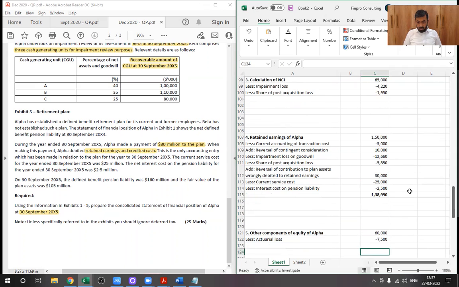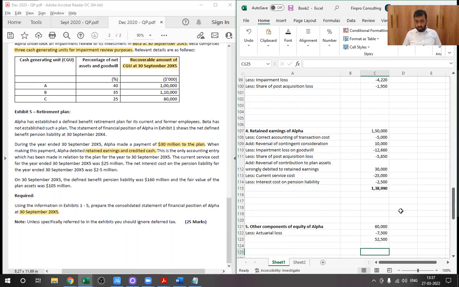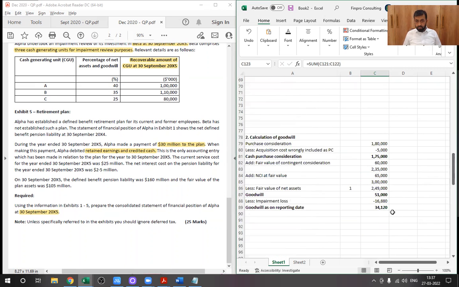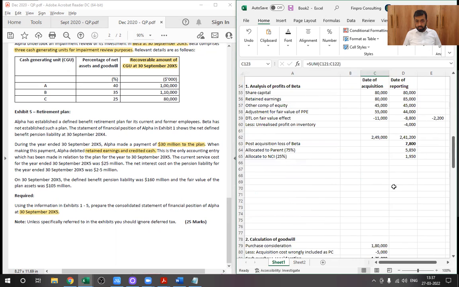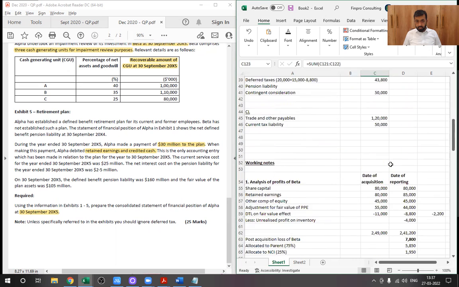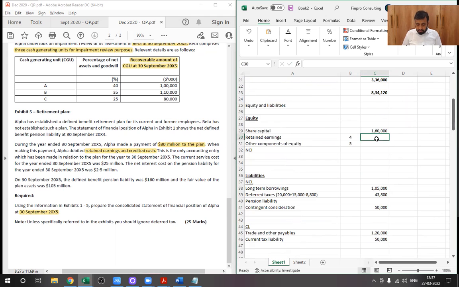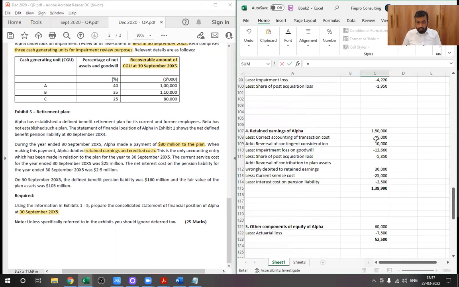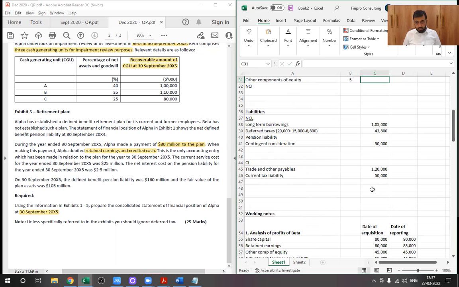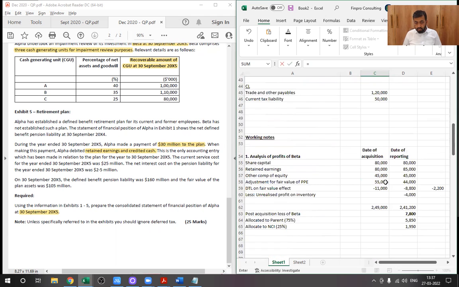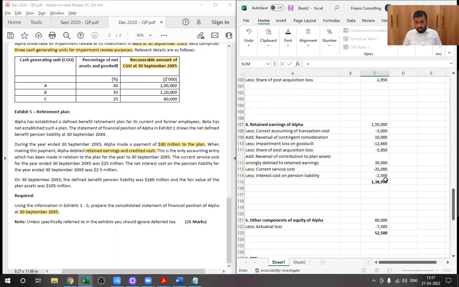Then you have other components of equity. Then you have NCI below that.